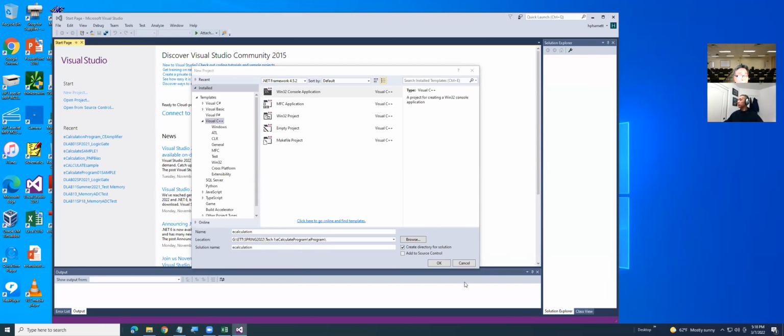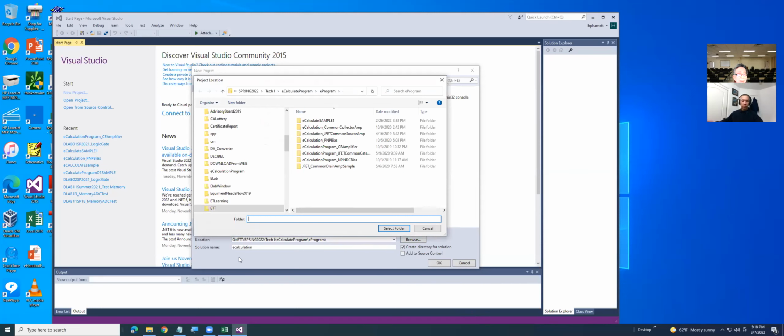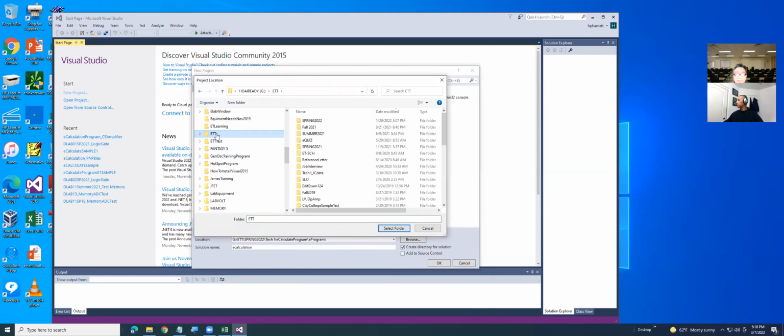Okay. Then you have to know where you want to save the project. You can go to browse. Okay. Then you can select where you want to save it. So I can put it in ATT, that'd be fine. Okay.